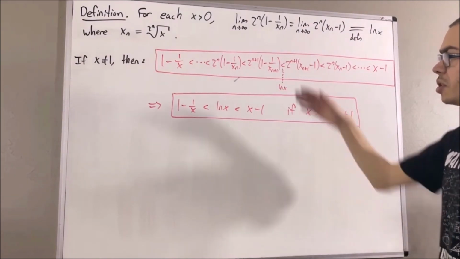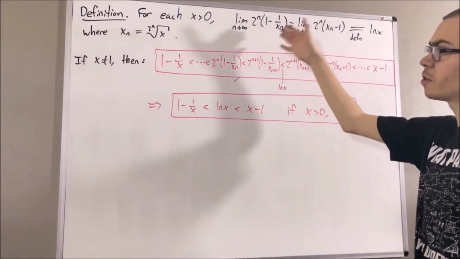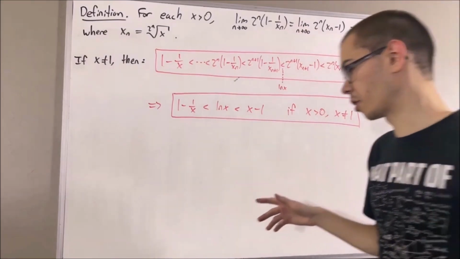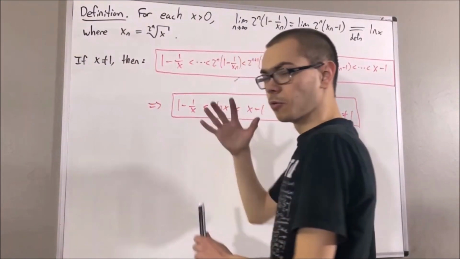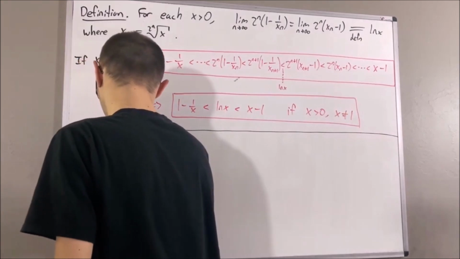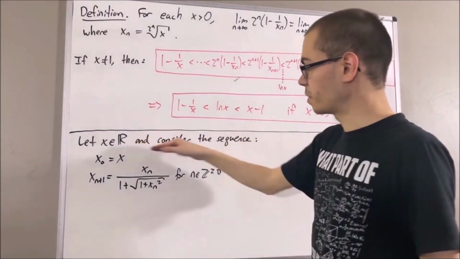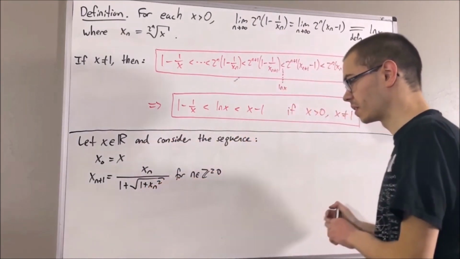Now it's interesting because it uses powers of 2. We defined another function by the limit of a sequence, which also uses powers of 2. And that function was the arctangent function. If you recall, we defined it as follows. Let x be any real number and consider the following sequence.